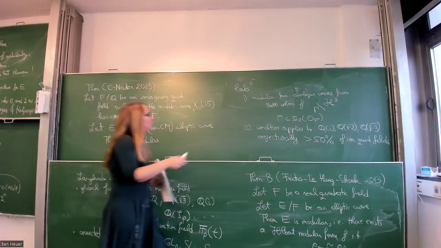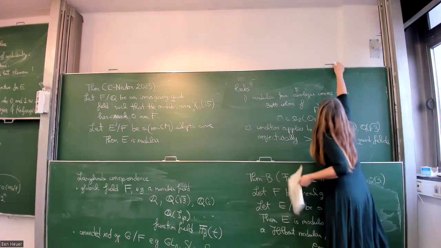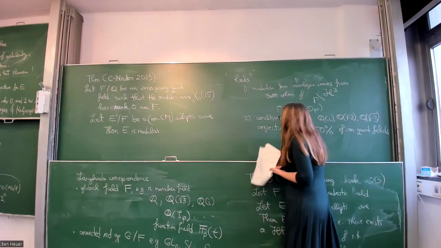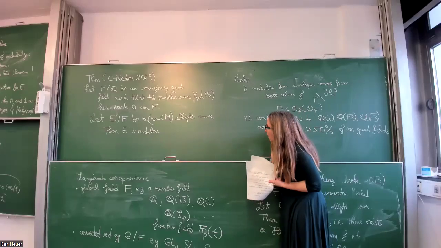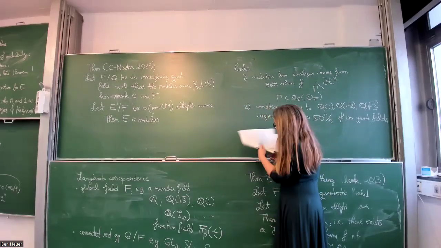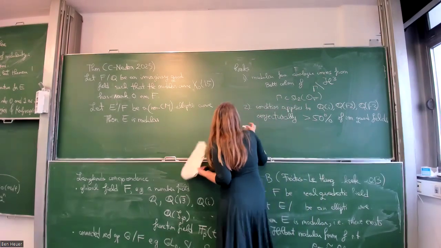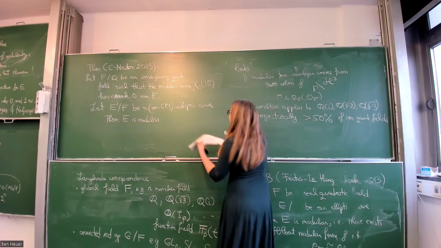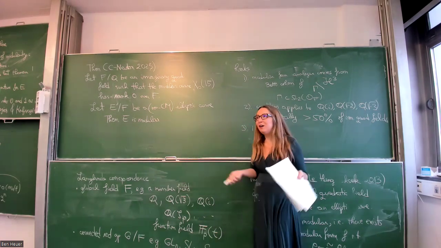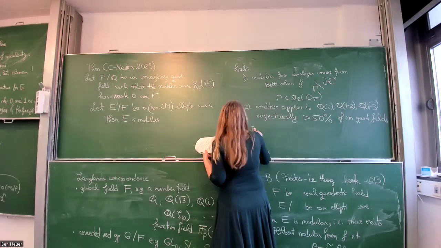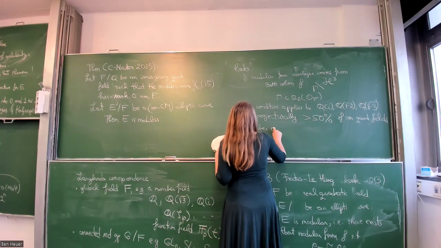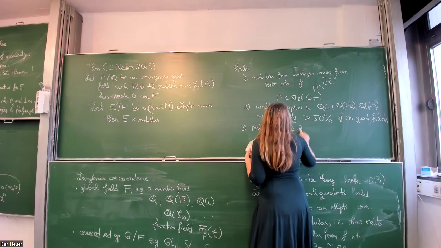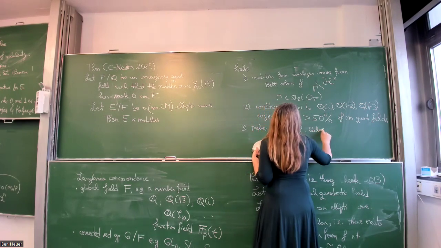And maybe the third thing I want to say is, well, okay, so we proved this theorem, but we built on work of a lot of people. So 3. And maybe I'll mention other instances of modularity and other work tomorrow, but I'll just say that this particular theorem relies on work of Calegari-Geraghty.